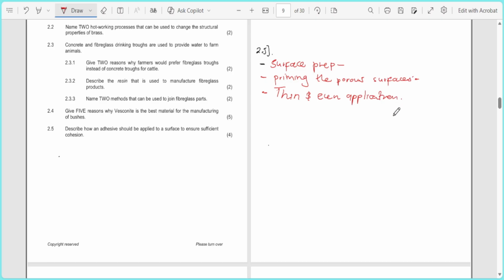A thin and even application of the adhesive. Thick adhesive layers tend to cure unevenly, right? So we are trying to create a situation where the adhesive, when applied, provides an even layer and is also thin.